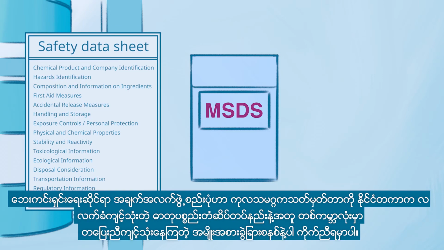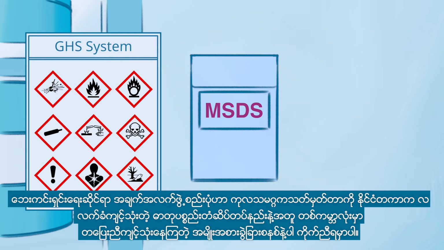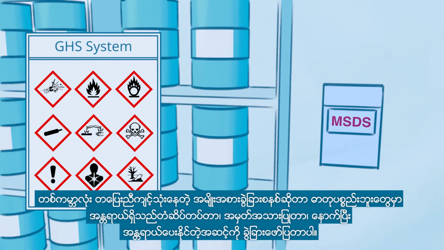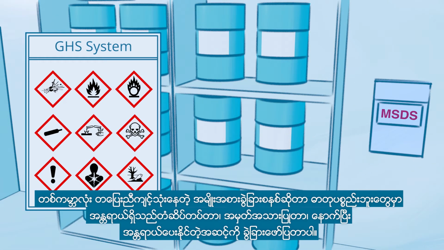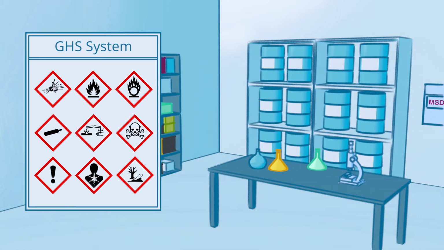The content and structure of safety data sheets should be in line with the globally harmonized system of classification and labeling of chemicals, which is an internationally agreed-upon standard managed by the United Nations. The GHS system also harmonizes the use of chemical hazard labels, markings for chemical containers, and the chemical hazard classification.